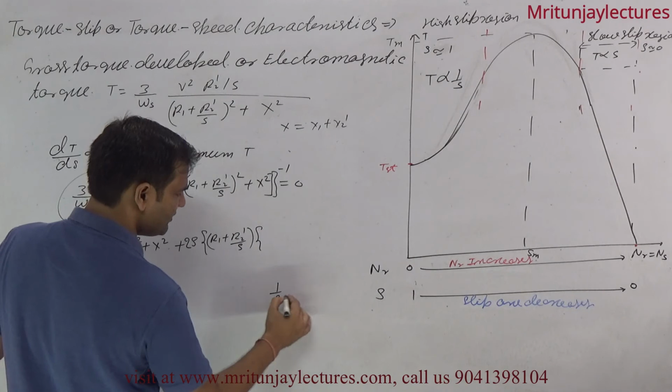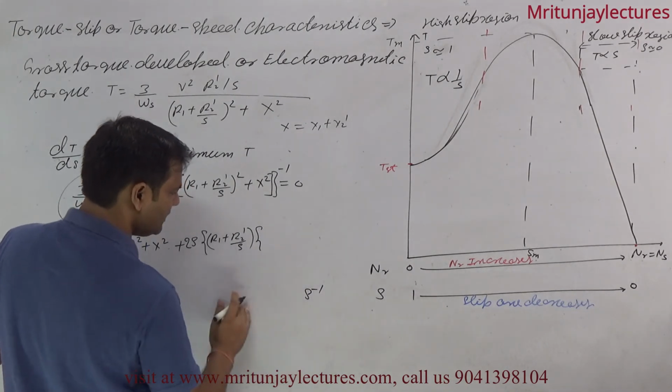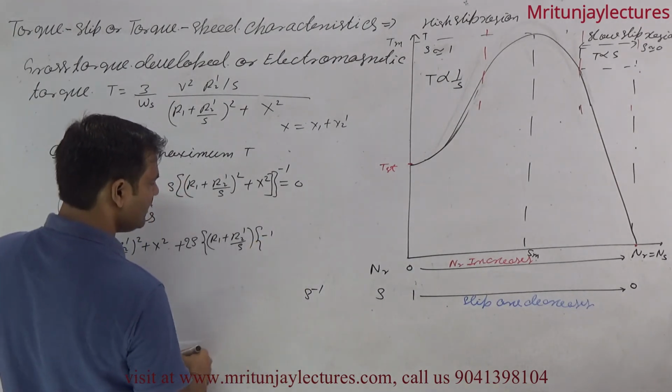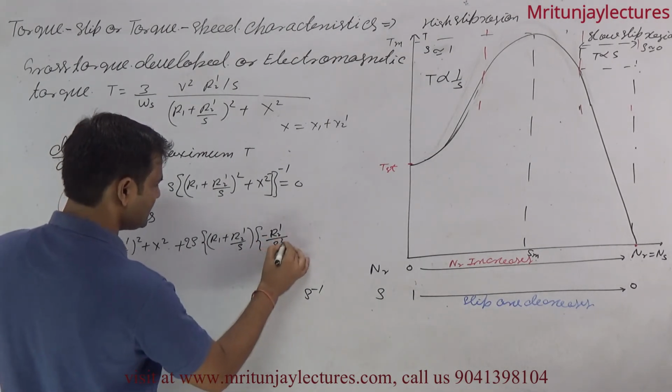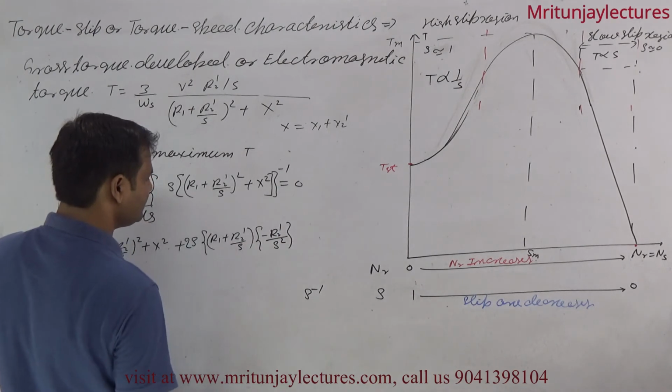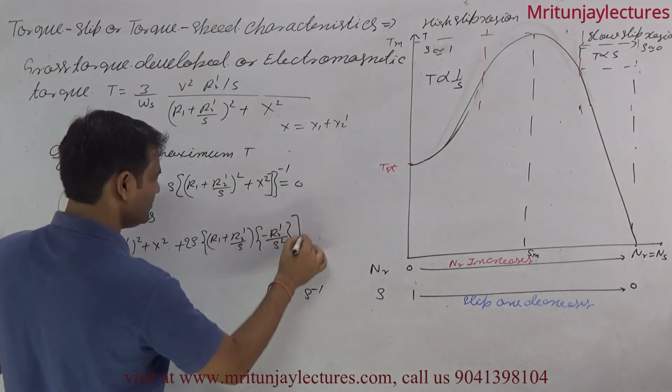Differentiation of 1/s is written as minus 1 into r2' divided by s². Clear? This is equal to 0.